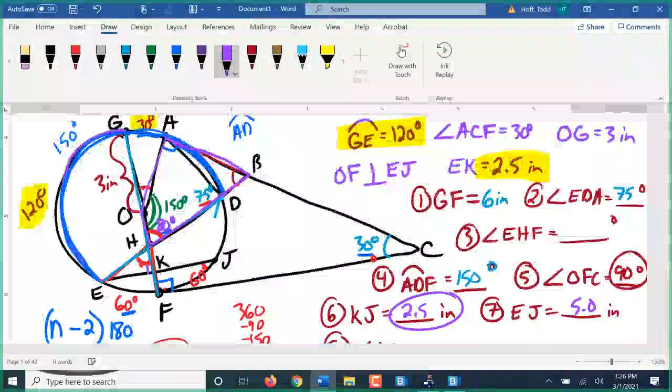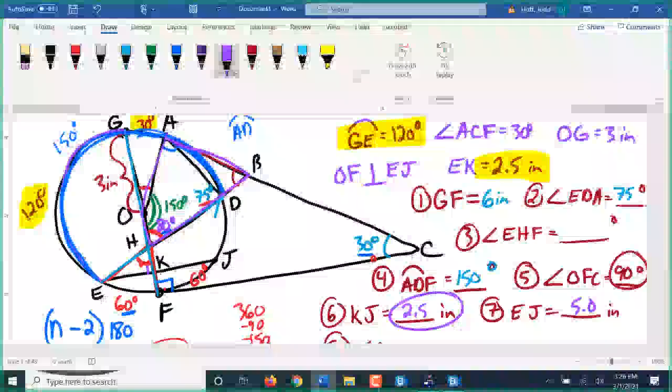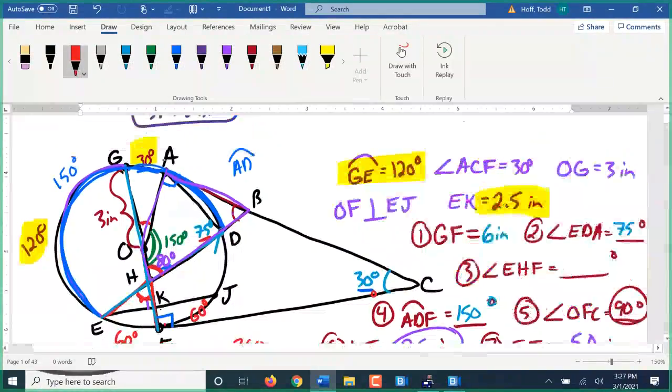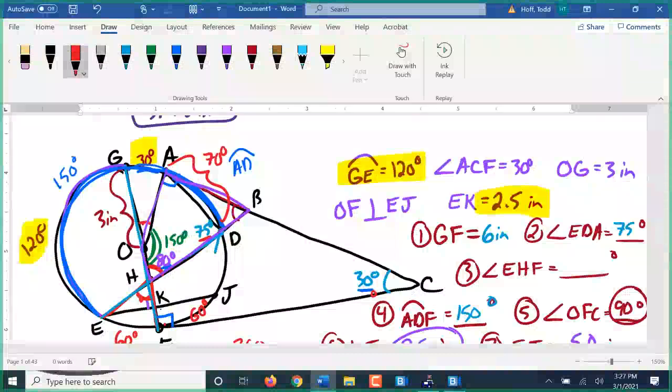Let's remember how it's 80 degrees. Oh, that's why I'm missing it. Helps if I can read my own writing. This arc here is actually given the 70-degree arc. That makes the problem a lot easier if I give you all the information.